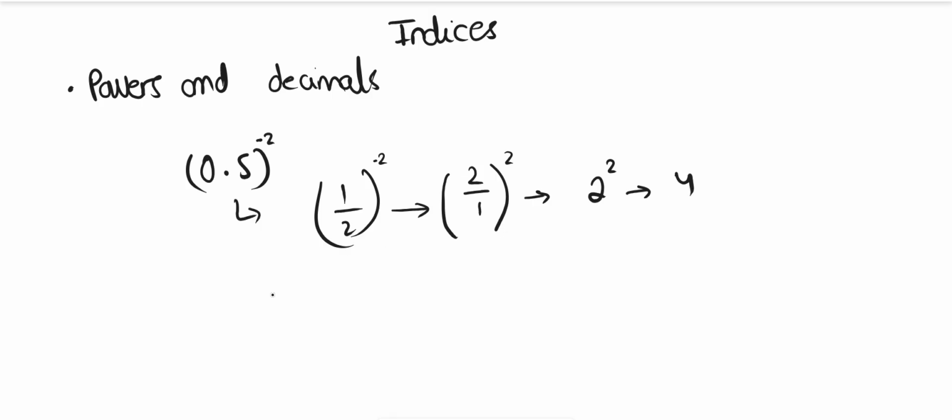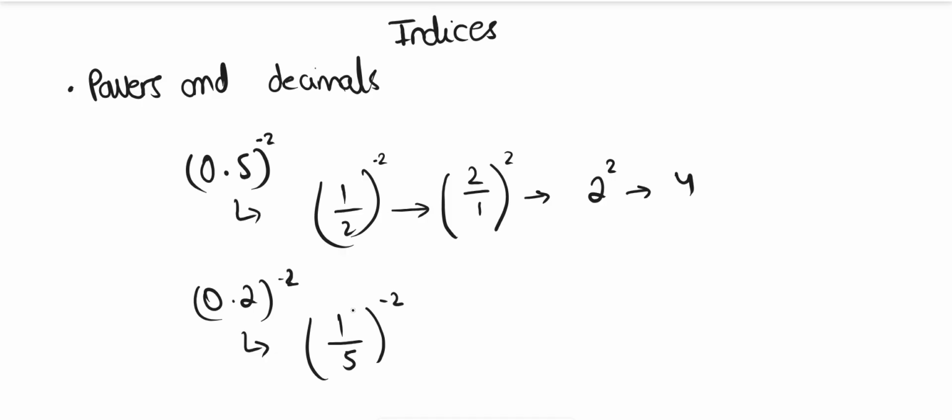Let me solve another one. 0.2 raised to the power of minus 2. What does that become? 0.2 can also be written as 1 upon 5, right? This can be written as 1 upon 5 raised to the power of minus 2.